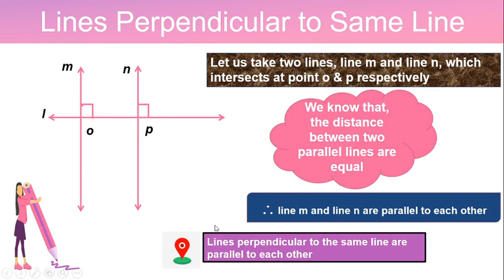So, the lines perpendicular to the same line are parallel to each other. Here, the line L is there, and lines M and N are perpendicular to it, as we have observed with the scale and the set square. So these two lines are parallel to each other.